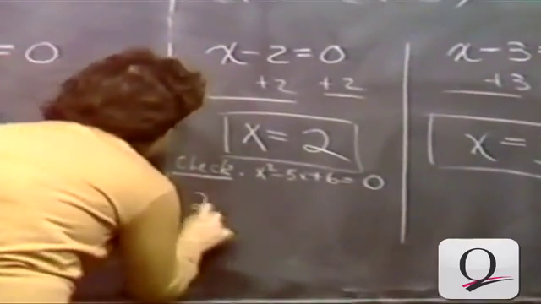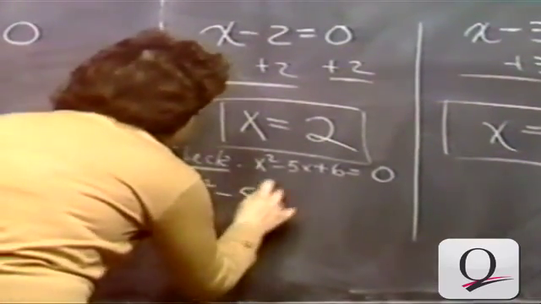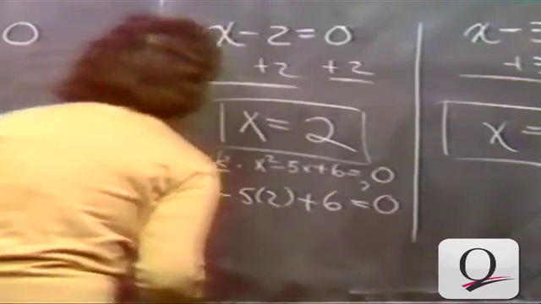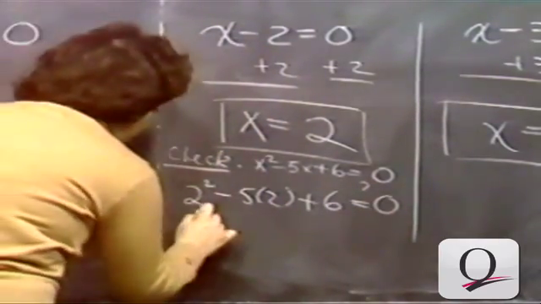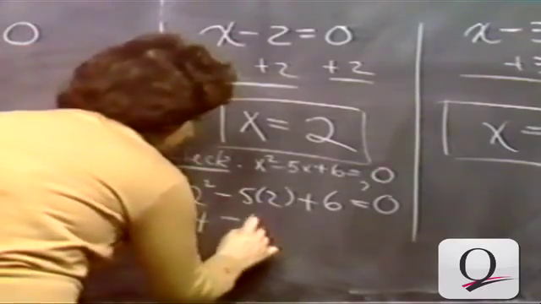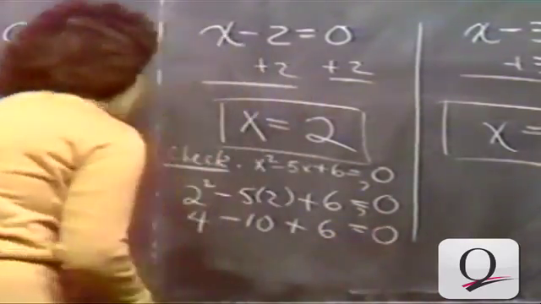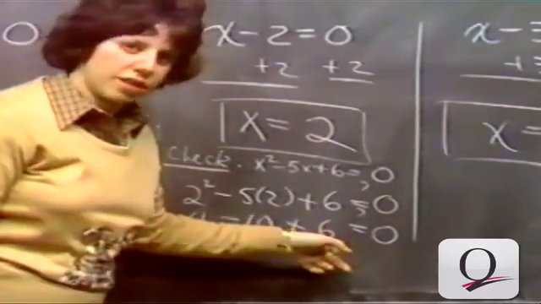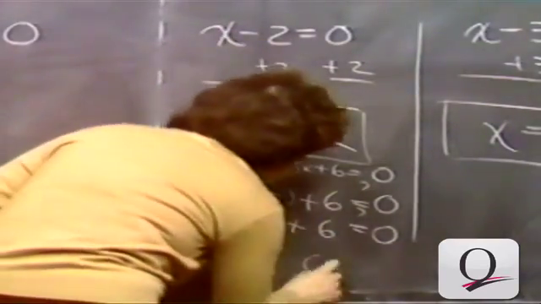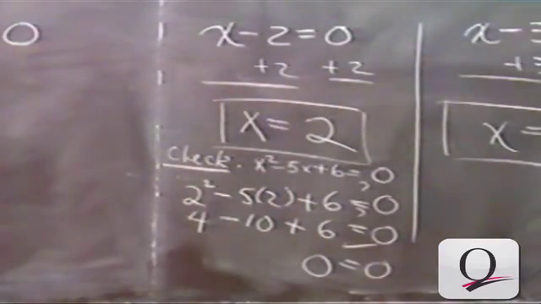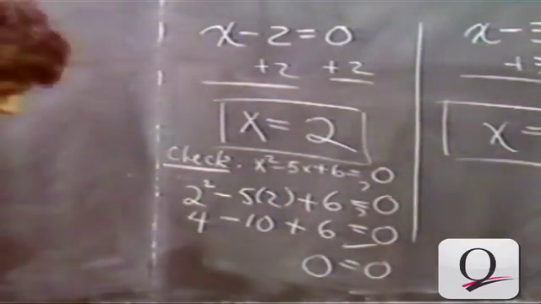We get 2 squared minus 5 times 2 plus 6 should be equal to 0. That's 4 minus 10 plus 6 should be equal to 0. And what we have here is 4 plus 6, 10 minus 10, 0 on the left equals 0 on the right. It checks out. So x equals 2 is certainly a solution to the equation.